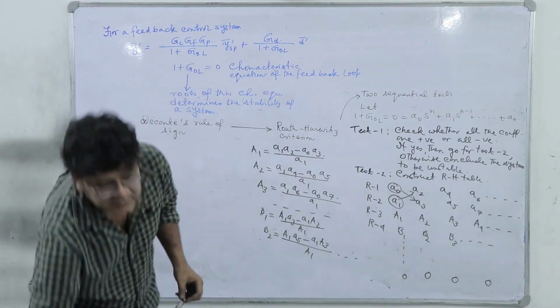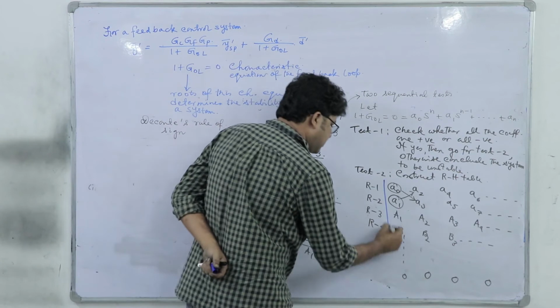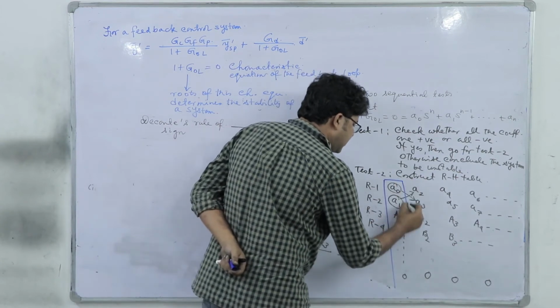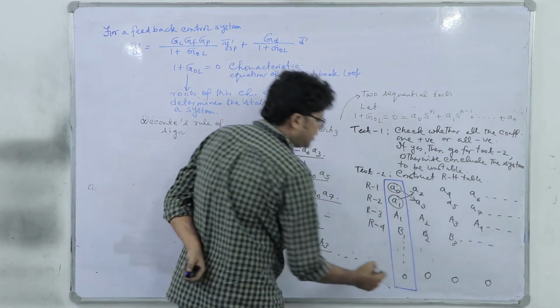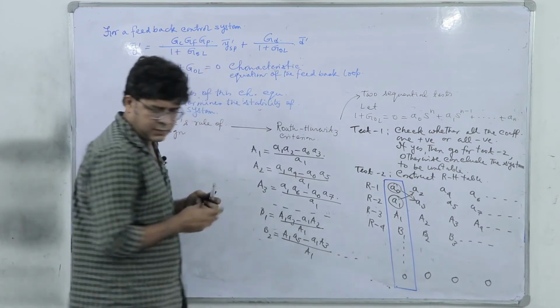Now, what is the Routh-Hurwitz test 2? Consider the elements of this Routh-Hurwitz table in the first column. And what is the conclusion?